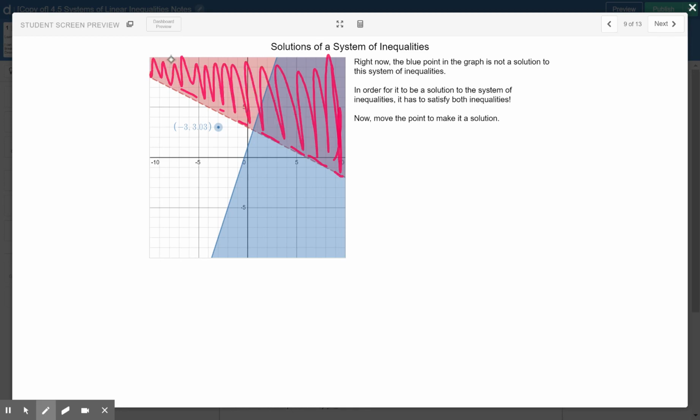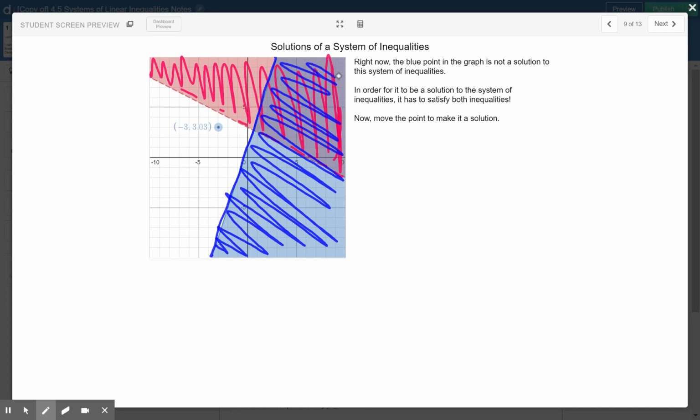So that is the solution set, or all of the answers to that inequality. Well, we have another one that's graphed. We have this blue one that's graphed. And this blue is all of the solutions for that inequality.